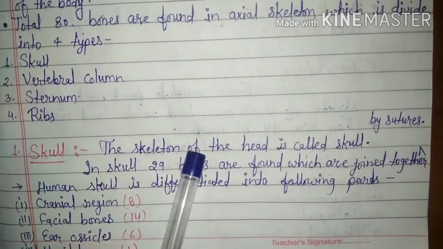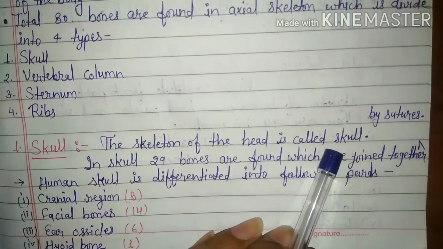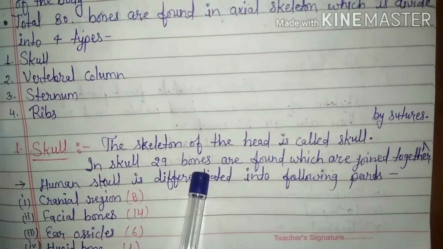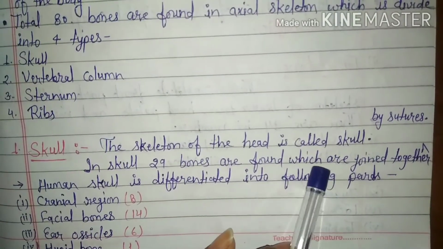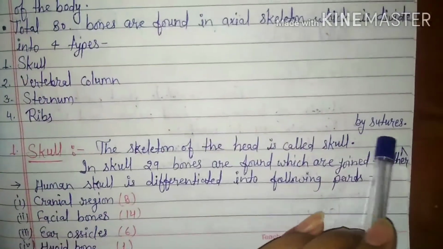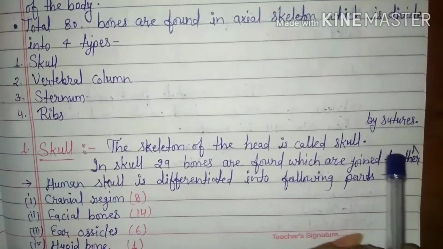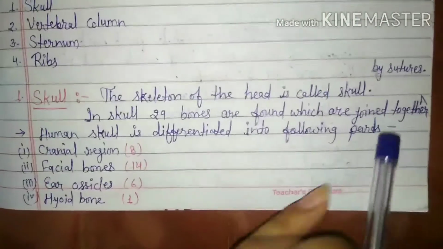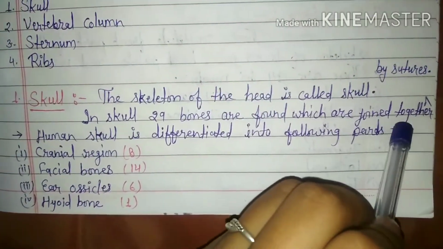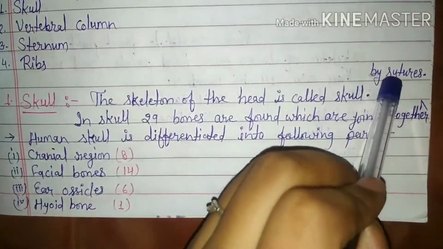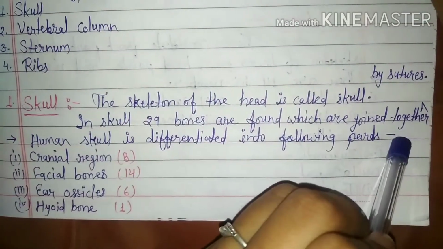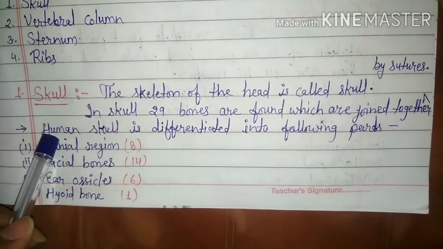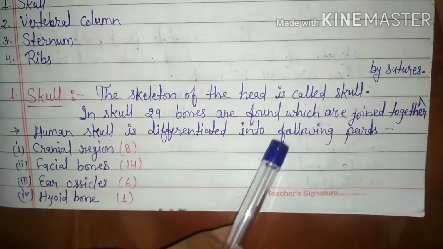The skeleton of the head is called the skull. In the skull, 29 bones are found which are joined together by sutures. Sutures are only found in skulls. So, the human skull is differentiated into the following parts.